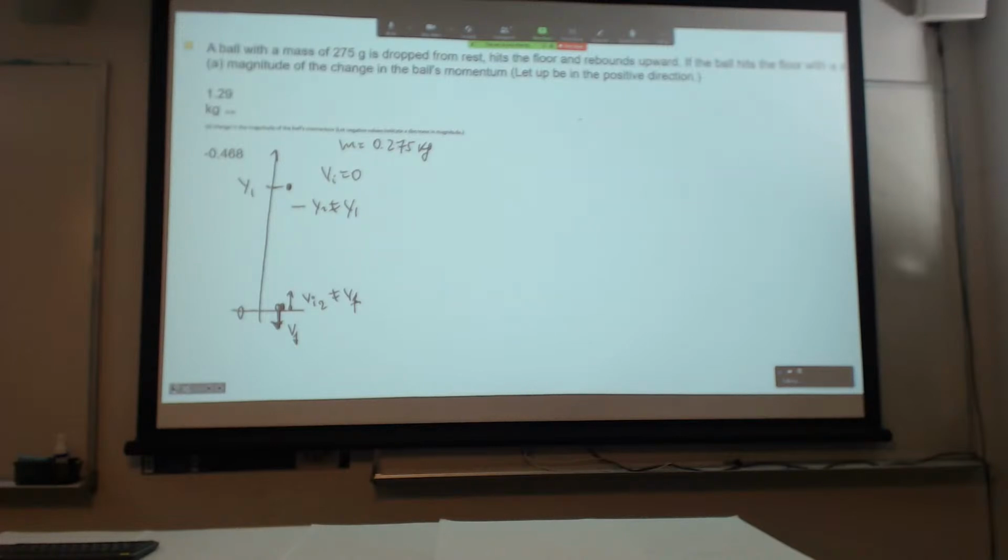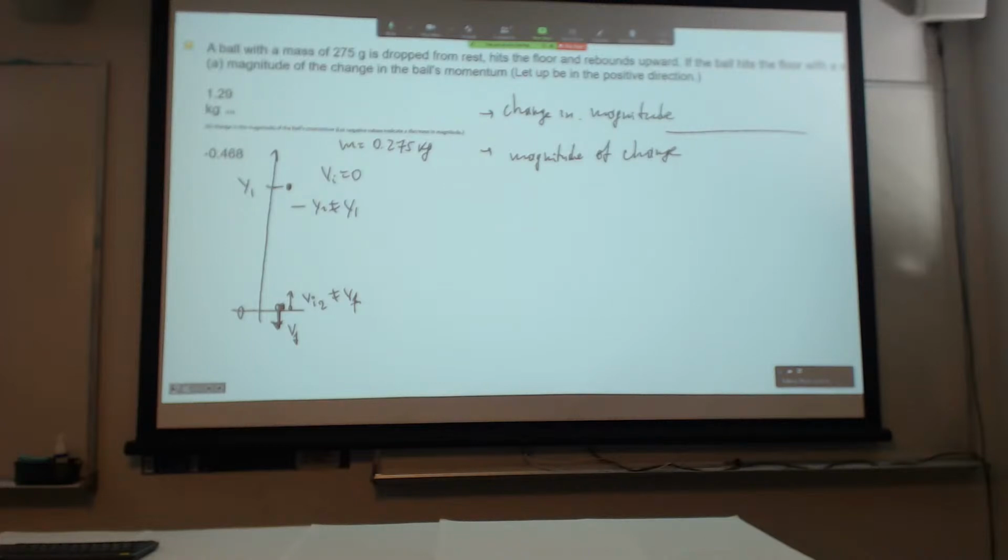Okay. So you need to calculate change in magnitude. Or there's a second question, you need to calculate magnitude of change. Those are two different questions, and they have slightly different strategies, but the initial is the same.